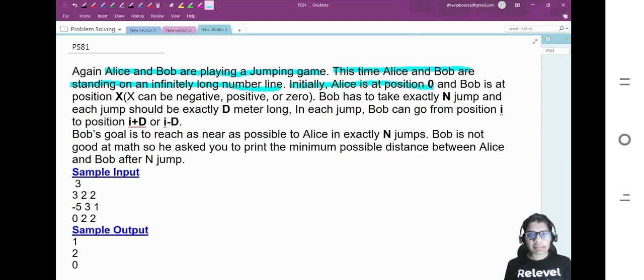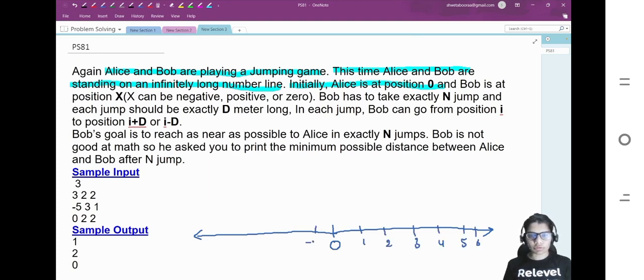Initially, Alice is at position 0. So we can have an infinitely long number line on which Alice is standing at position 0, and there would be some positions on the negative side also. And as we know, Alice is here at position 0.